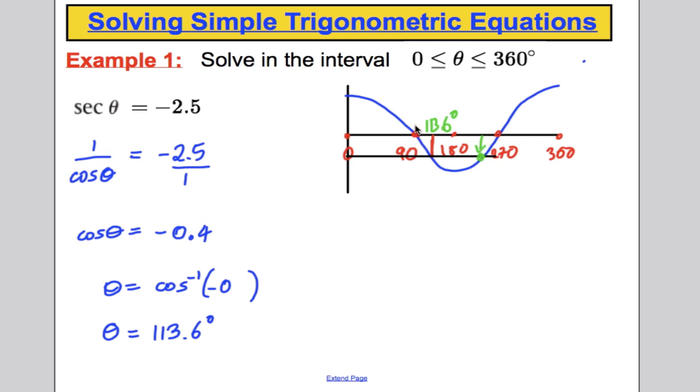Now how do we find where that is? Well, this distance here is 113.6 minus 90. So if we count back from 270, that's 23.6 degrees in that direction.